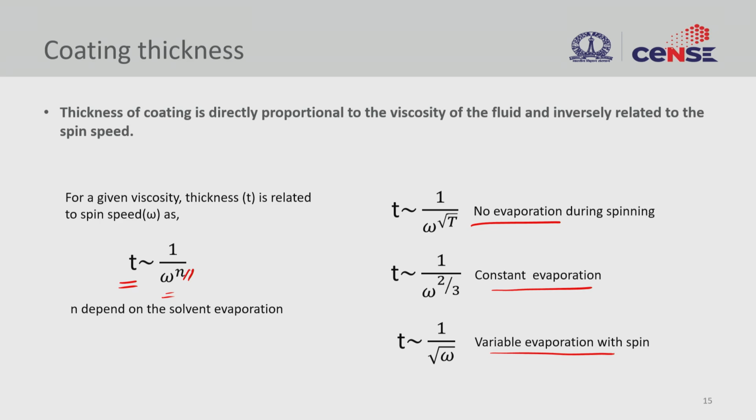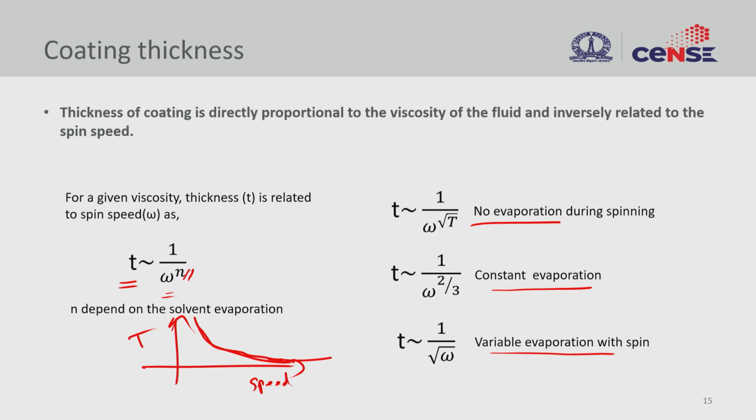And these are all constants which are empirically determined. You find out what kind of evaporation you are having, and based on that you can achieve the thickness that you are looking for. So if this is the spin speed and this is the thickness, normally for a given viscosity, your spin speed will reduce the thickness and give you the thinnest one, and then after that you will not see any difference in the thickness.